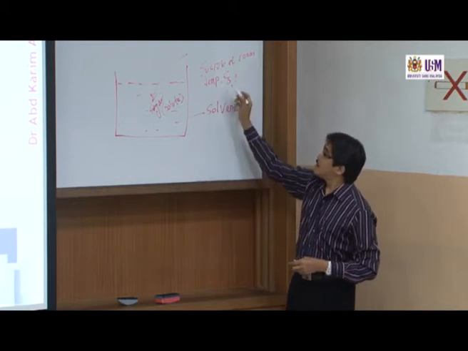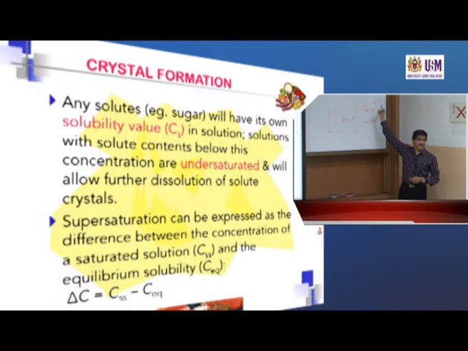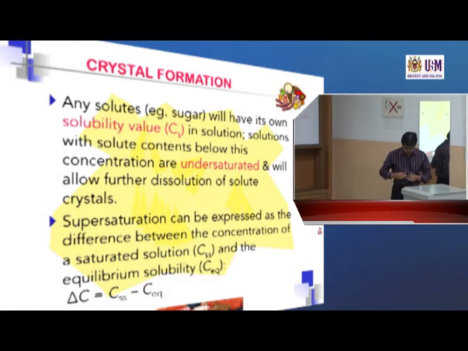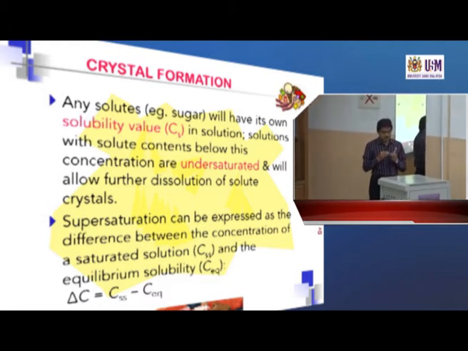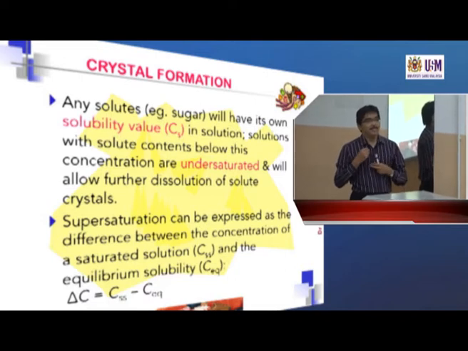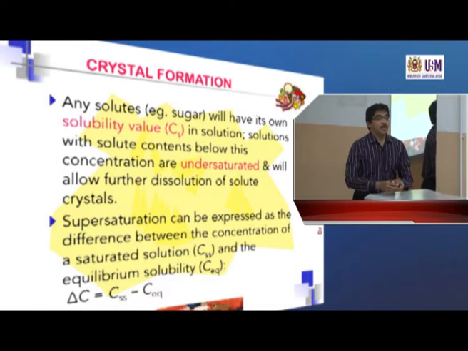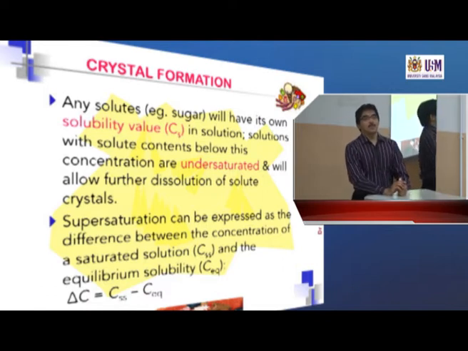But if you repeat this experiment and increase the temperature, do you think the CS would increase or decrease? If you increase the temperature from room temperature to, let's say, 80 degrees, do you think the CS will increase or decrease?